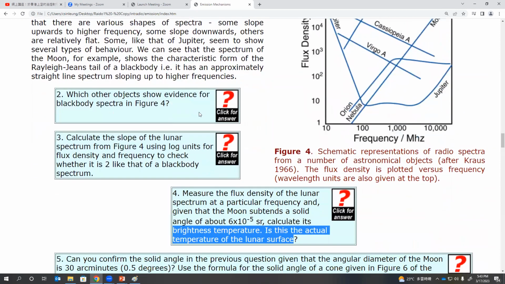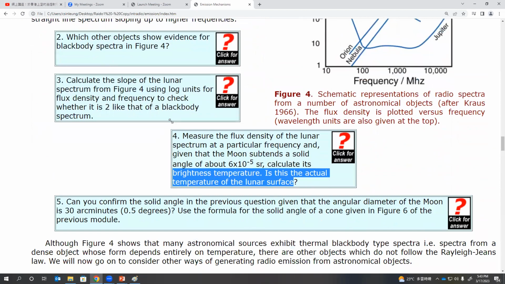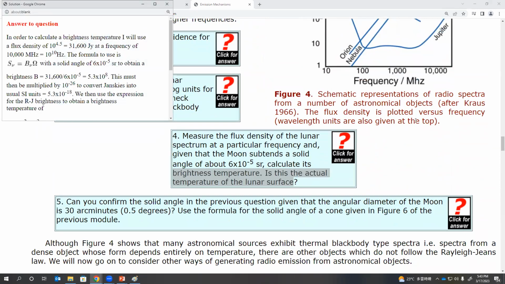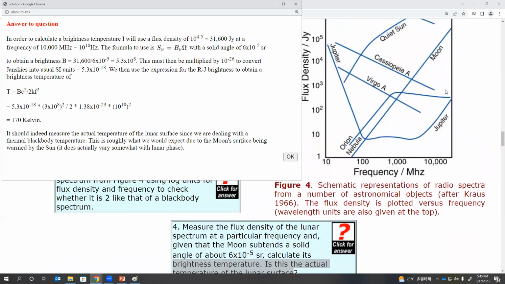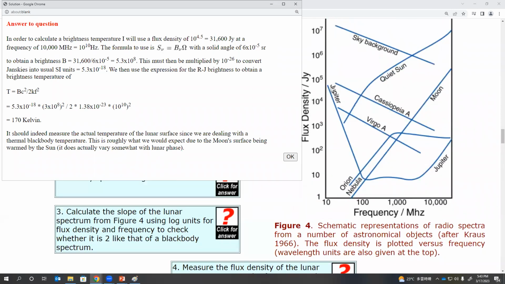So if you look at the answer here, for example, if you draw a horizontal line here, roughly this is 10 to the power 4.5 for the flux density. I say again, this is 10 to the power 4, 10 to the power 5 in the middle.